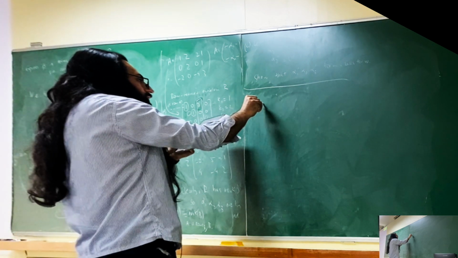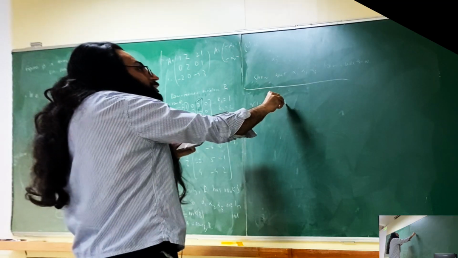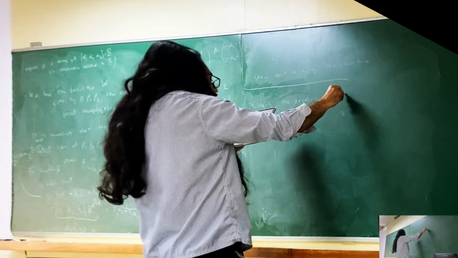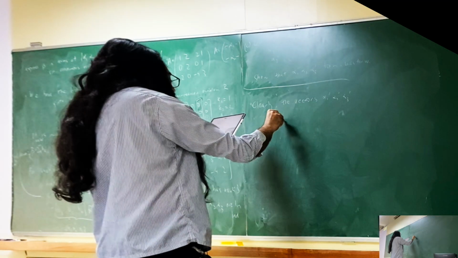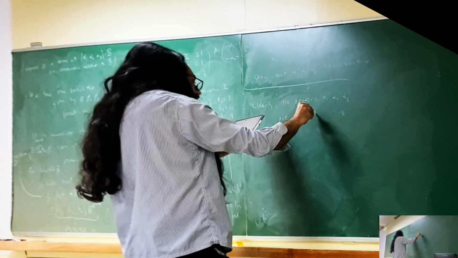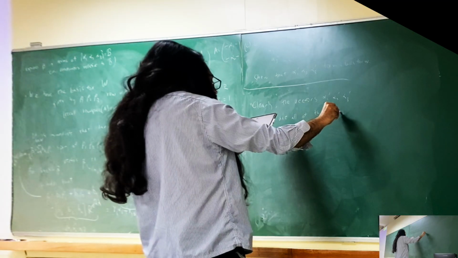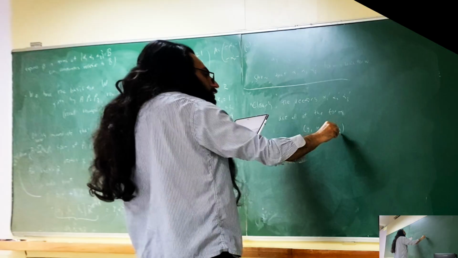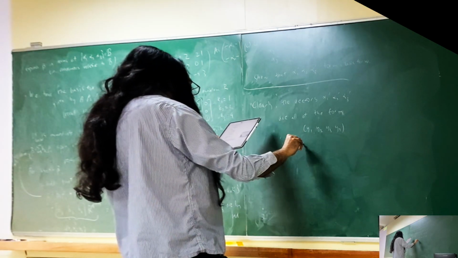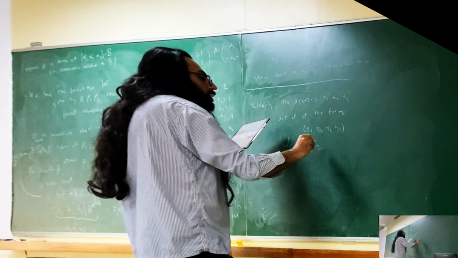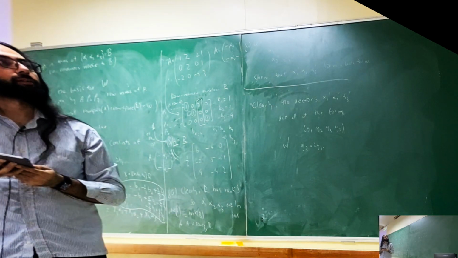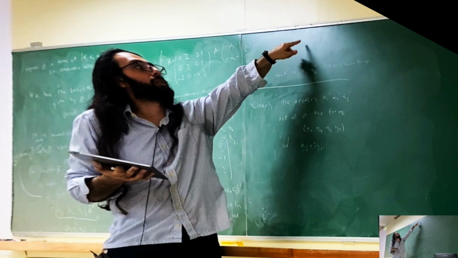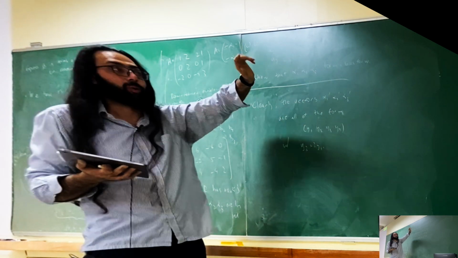The text says that clearly the vectors alpha 1 prime, alpha 2 prime are all of the form y1, y2, y3, y4 with y3 equal to y1.